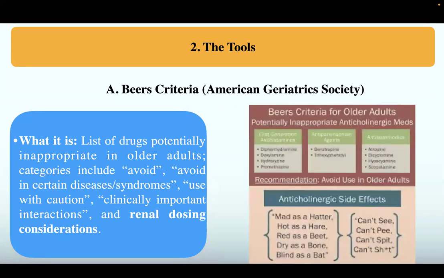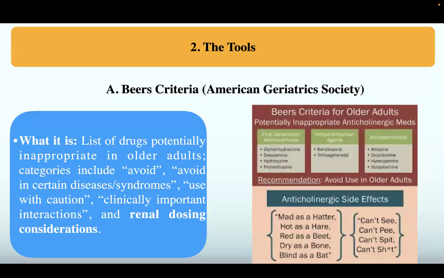Beers criteria are also very important for understanding anticholinergic meds. In the next slides we'll see which potentially inappropriate anticholinergic meds cannot be recommended in geriatric care. Okay, that is all about Beers criteria.